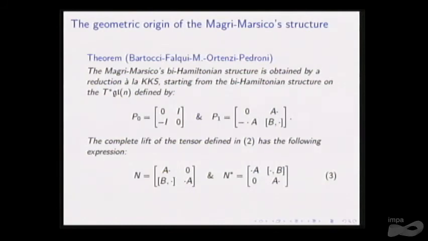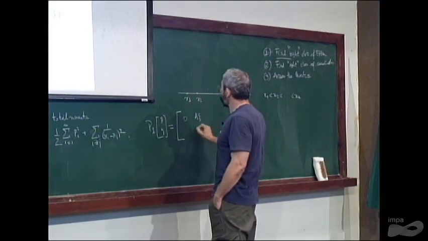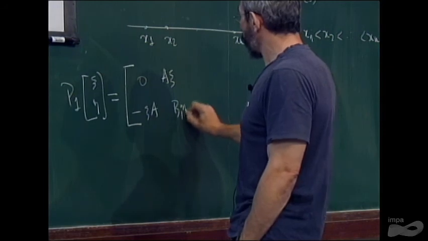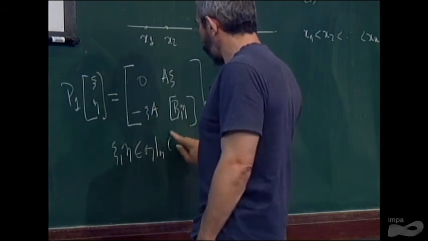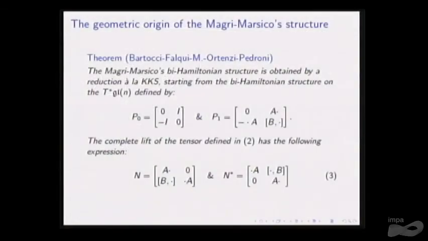For example, P_1 of (xi, eta) is equal to (0, xi minus xi a b eta), where xi and eta are two n by n matrices. Okay, so this is how these two Poisson tensors look. And it is possible to show that N has this form, and the dual of N has this other form. Of course, we identify the dual of GL_n with the trace form.